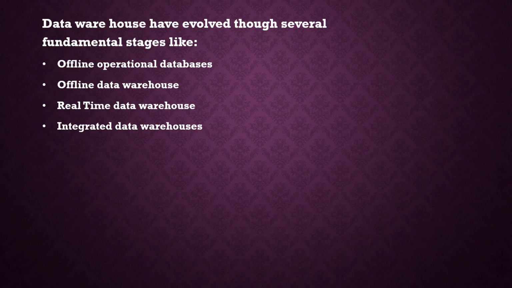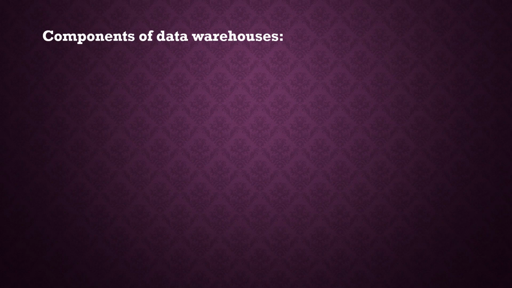So integrated data warehouse means one which gets the collective information or analysis report from the system. So that is the integrated data warehouse. Okay, these are about how data warehouses have evolved through several fundamental stages.